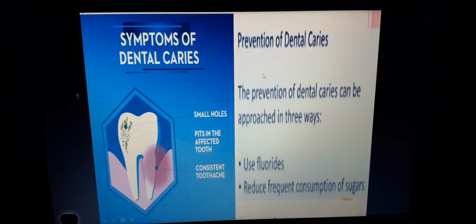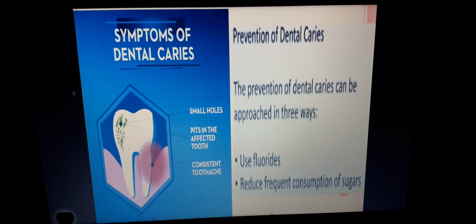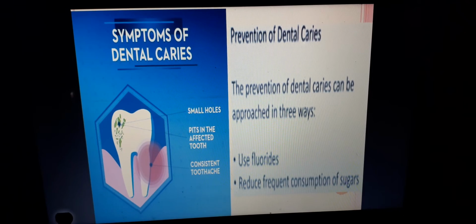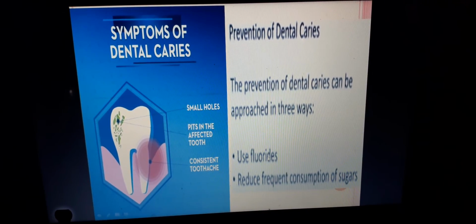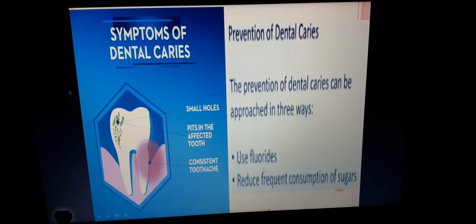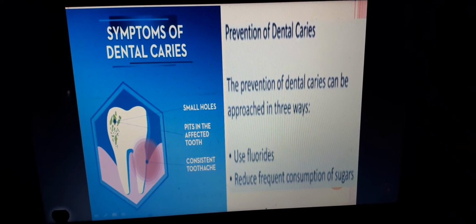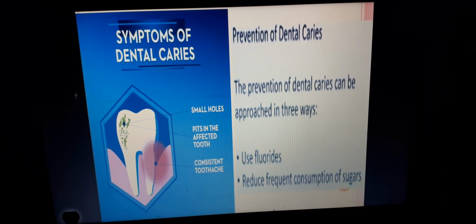What are the different preventive measures for the proper care of teeth and gums? Use fluorides. You know that our toothpaste contains fluoride, which neutralizes the effect of the acid formed by the bacteria. So it helps in the proper care of our teeth.